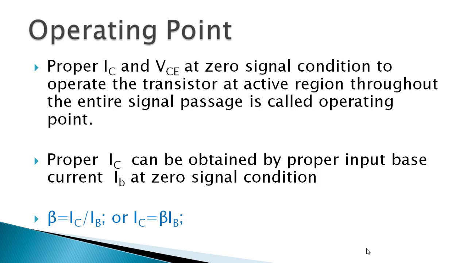So the maintenance of proper IC and VCE at zero signal condition is called operating point. The proper IC can be obtained by proper base current IB at zero signal condition, because IC is equal to beta times IB.